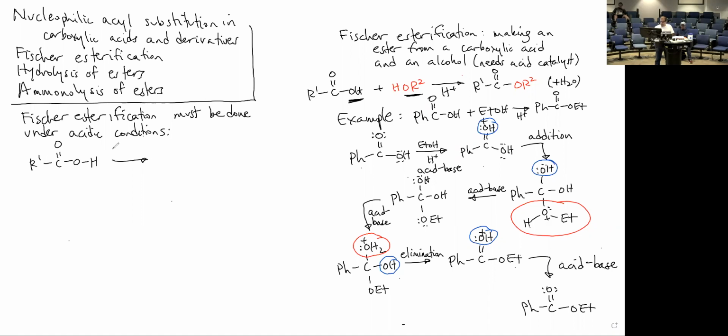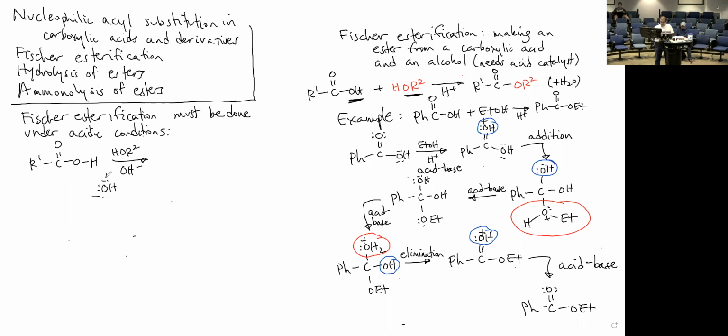And let's see what would happen if we took our alcohol HOR2 and maybe some base, maybe some hydroxide on it. What would happen is this base would immediately deprotonate the carboxylic acid, like we just talked about in the last lecture. We said that you can treat a carboxylic acid with a base, like sodium hydroxide or sodium bicarbonate, and you will wind up with a salt of a carboxylic acid.